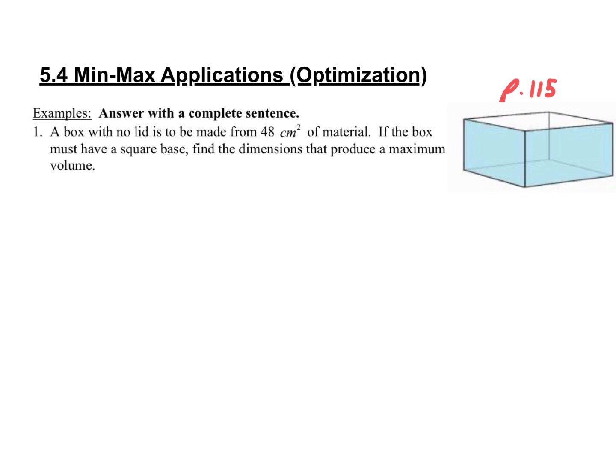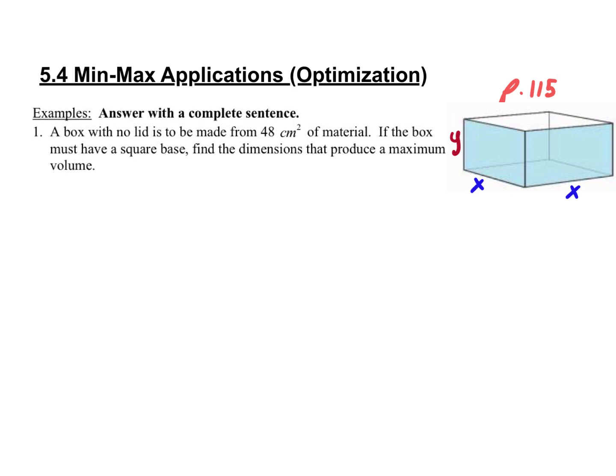Okay. Now, I went ahead and labeled my box with X's and Y's. You can label them with whatever you want. If you want lengths and widths and heights, you can do that. Why did I make both of these X, since it's a box? Because it's a square, exactly. That's important. The base is a square, so therefore the length and the width of the base are actually the same.